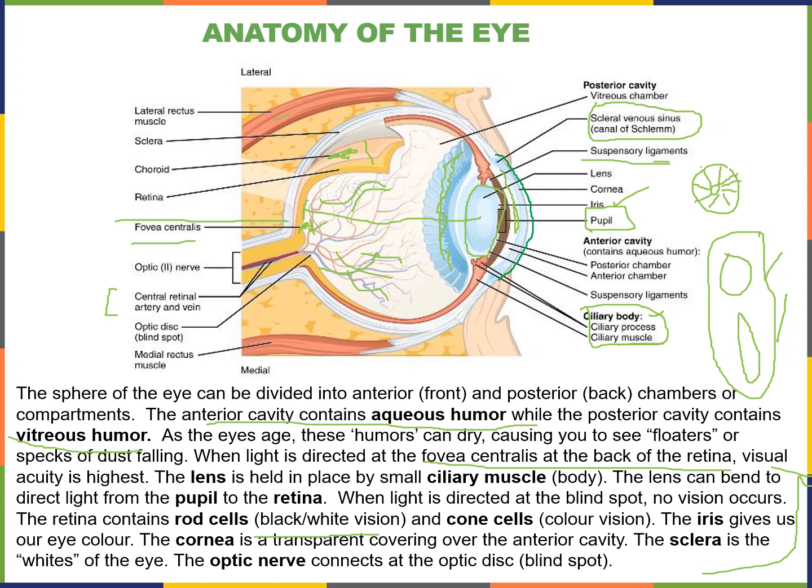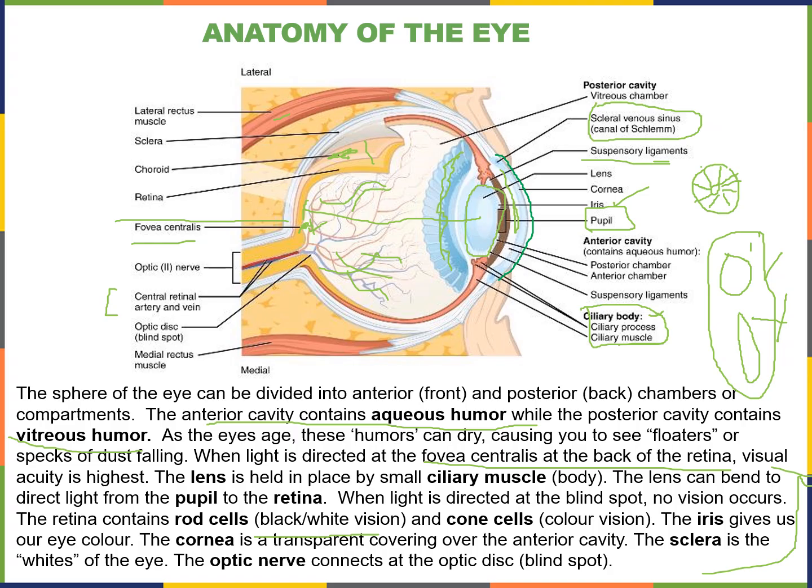And that's called presbyopia. And that condition is due to the inability of the lens to change shape for close vision versus distant vision. So depending on the person and their eyes, you might see them wearing reading glasses, for example.